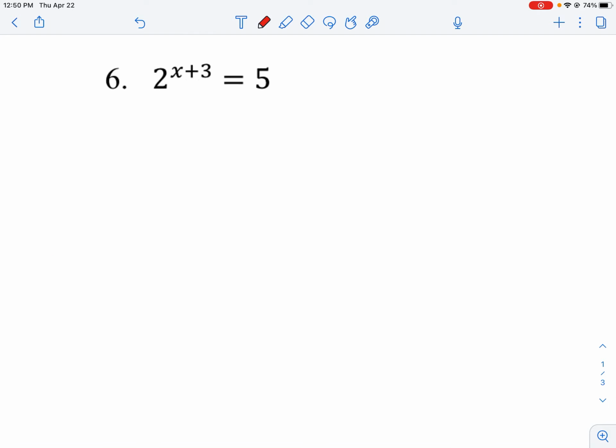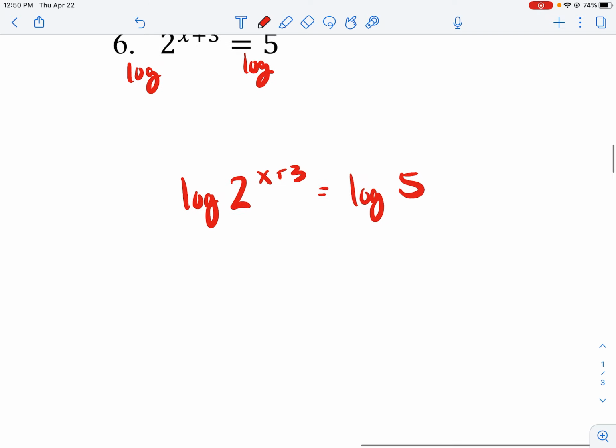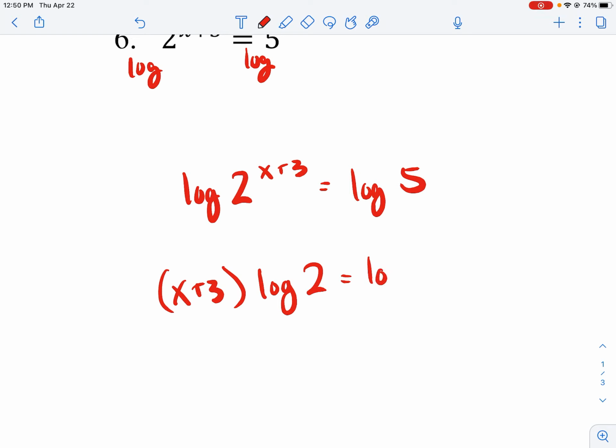Number 6, we have no logs here, so I'm going to take the log of both sides. So we have log of 2 to the x plus 3 is equal to the log of 5. Bring down that x plus 3 using the power property. Divide by the log of 2, divide by the log of 2.